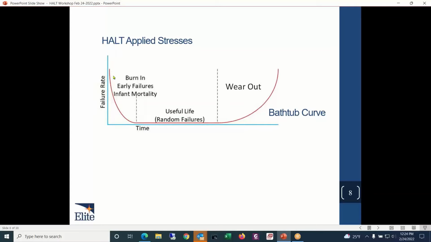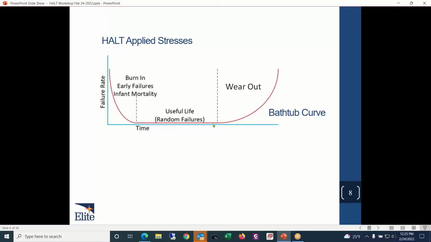So you do burn-in, you do HALT, you do other sorts of tests to discover these problems, fix them, eventually improve them, so that by the time the product is released, the failure rates are pretty well understood and corrected, and the product has a constant failure rate that basically is due to random failures, random faults.